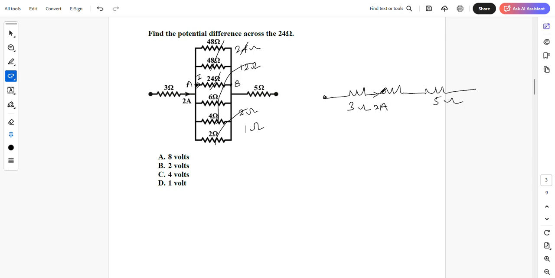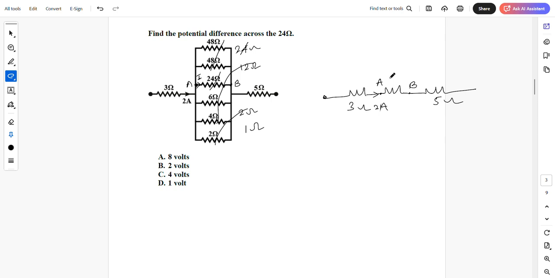I have called this point A and this point B. Now how much is the total equivalent resistance? 48 in parallel with 48, 24 in parallel with 24, 12 in parallel with 6 is 4 ohm. 4 in parallel with 4 is 2 ohm. 2 ohm in parallel with 2 ohm is 1 ohm.